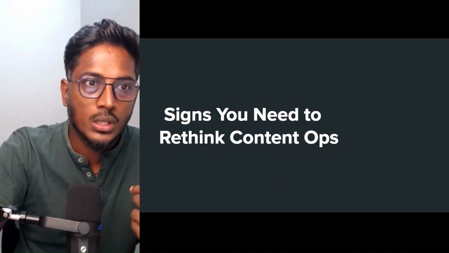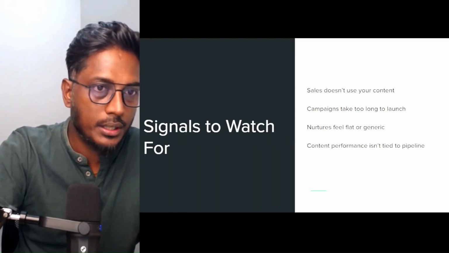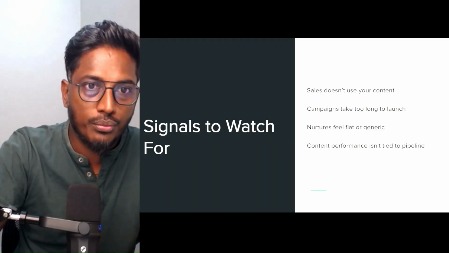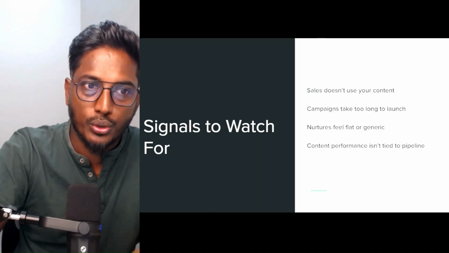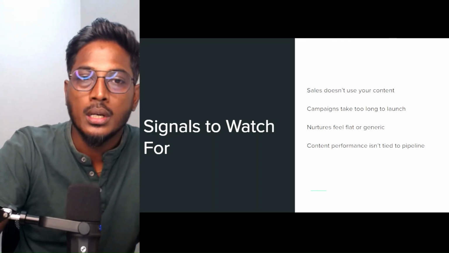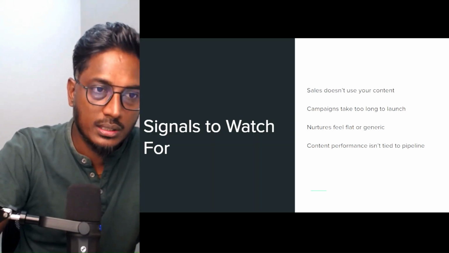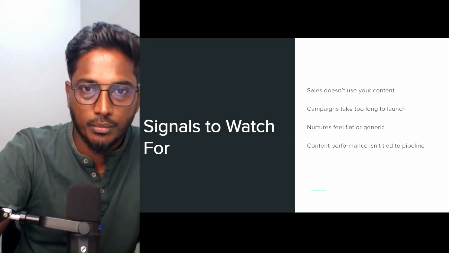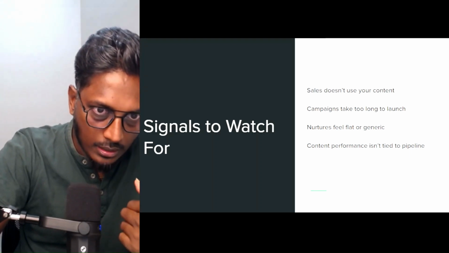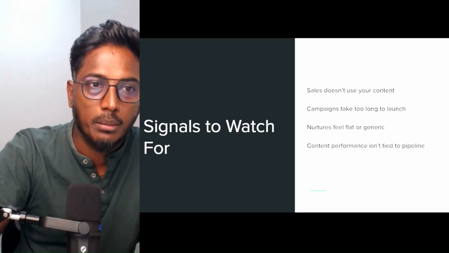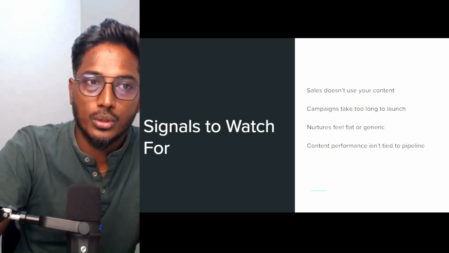Content exists, but it's not easily found, used, or measured. Your team is producing high quality content, but they are not able to address it. And we have seen things that need to be done to enable the team to find all of them.